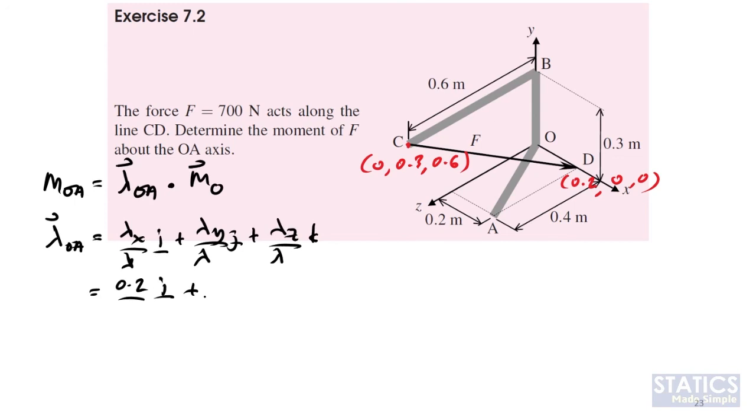Lambda y is not moving along y, so it's 0 over lambda, plus lambda z. Along z it is moving from O to A 0.4.